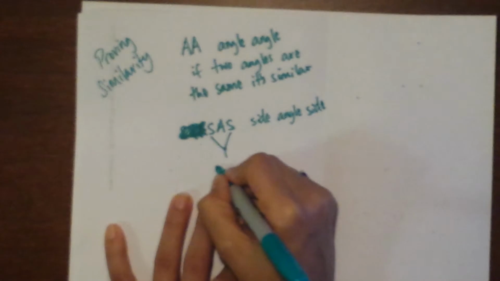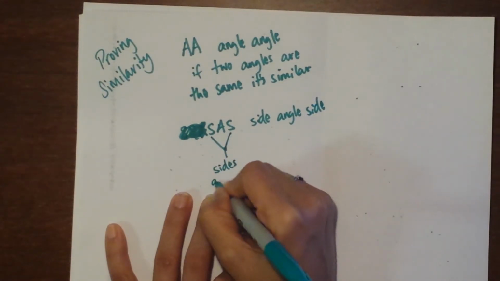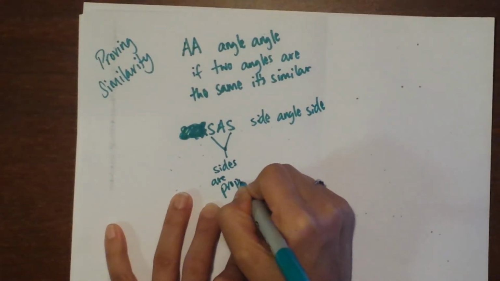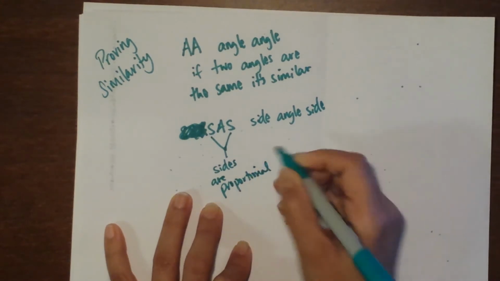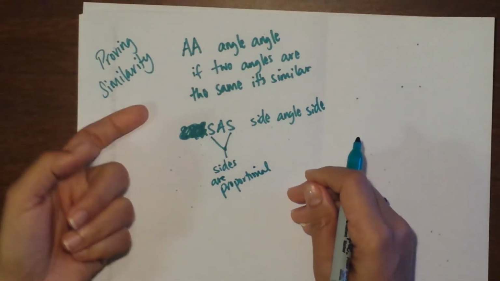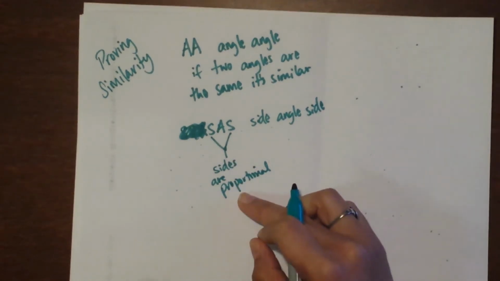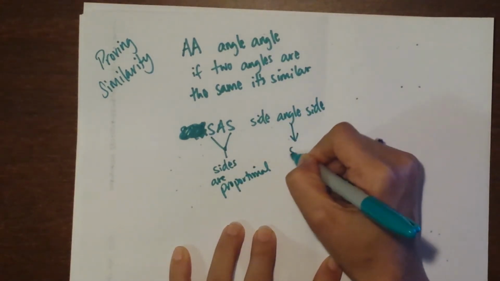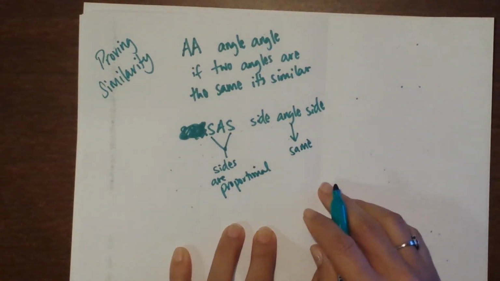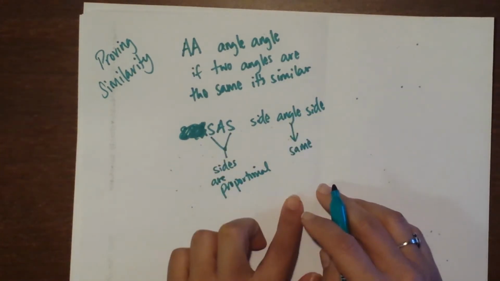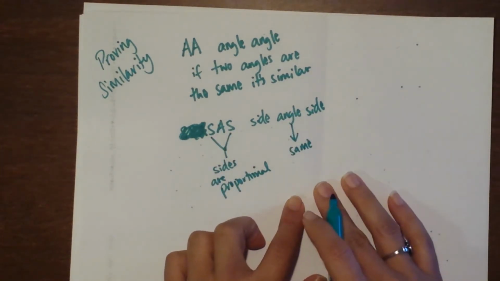The sides are proportional. Whereas before they were congruent, because we're talking about congruency. When we're talking about similarity, you're always talking about sides are proportional. So sides are proportional and the angle is the same. We'll take a look at an example so that you can see what these mean.